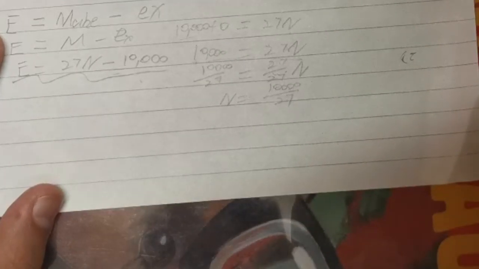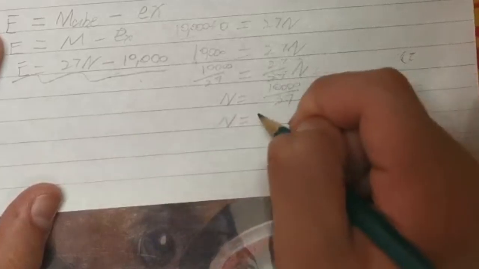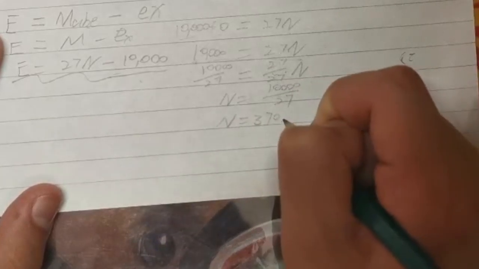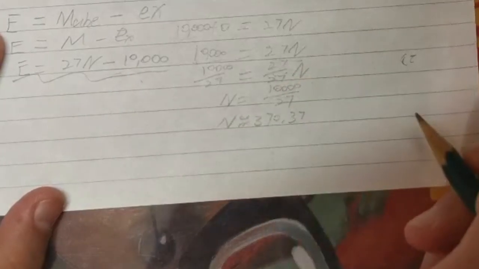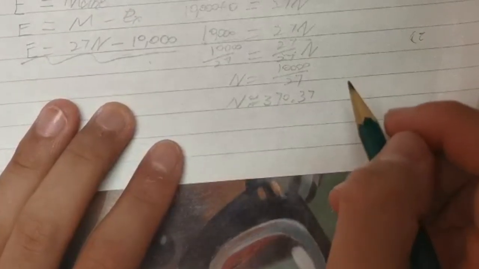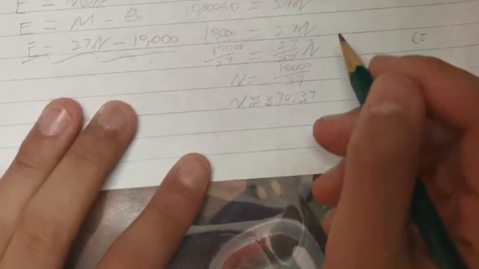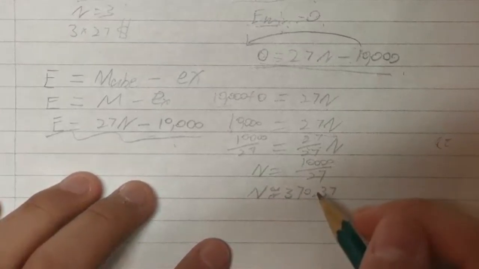Then you just need a calculator to calculate. You get n equals 370.37, which is an approximation. But it's asking for the minimum, and the number of computers sold must be an integer.